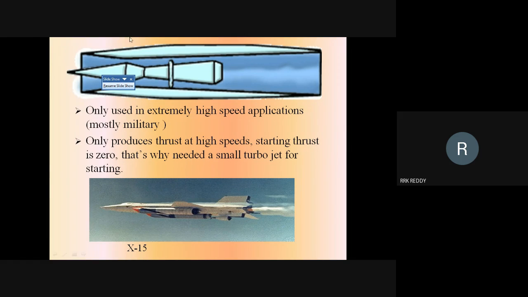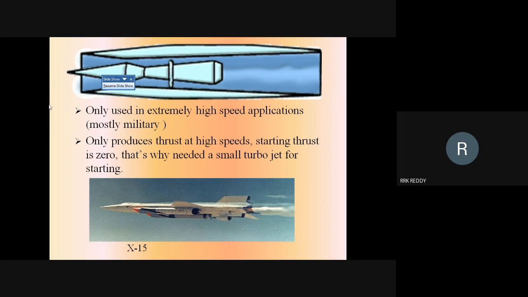The air has very high kinetic energy, and that kinetic energy is converted into pressure energy with the help of the diffuser. But initially, how do we start the engine? To raise the pressure we need kinetic energy, so without starting, how do we get the kinetic energy? That is the starting problem. The main problem with ramjet engines is the starting problem only.